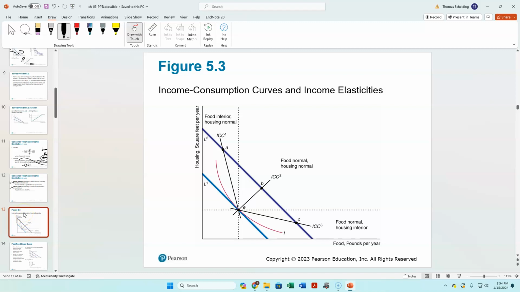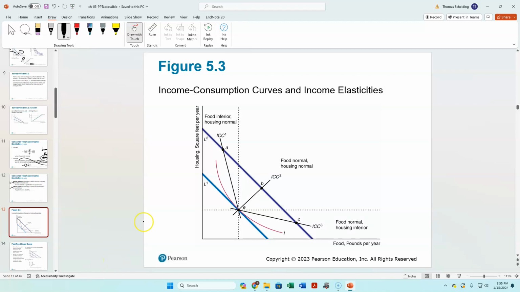And if we go back to this XY space, what we can do is look at that price consumption curve, or in this case, the income consumption curve, and the direction that our income consumption curve goes tells us which of these two goods are normal goods, inferior goods, or a combination of the two.